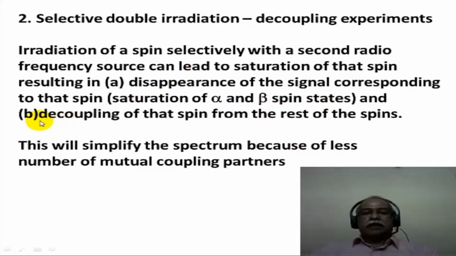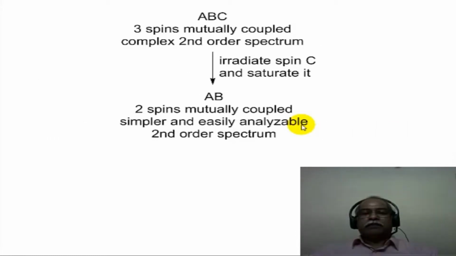The second thing that will happen is the decoupling of that particular spin from the rest of the spins in a mutually coupled system. In other words, under equilibrium condition, the spins will be mutually coupled. When you saturate one of the spins, that undergoes a decoupling with the rest of the spins, and as a result of that, the spectrum simplifies with a smaller number of mutually coupling partners. To illustrate with an example, if you take an ABC system, this is a 3-spin system which is mutually coupled to each other, so it will present as a second order spectrum, a fairly complex spectrum.